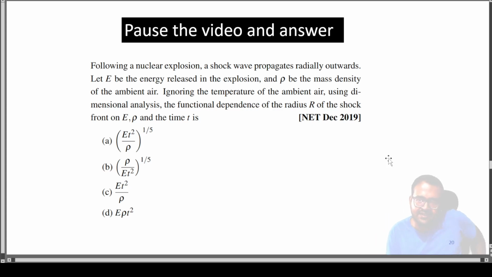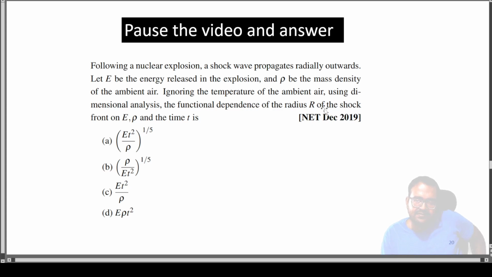And this question appeared in the CSIR NET exam also. And it was very important to know before the atom bomb testing that R will be the radius of the shock wave front. Shock front, that means shock wave front.